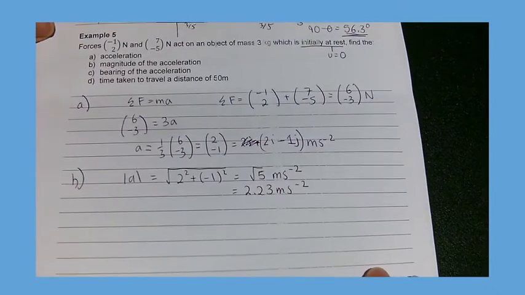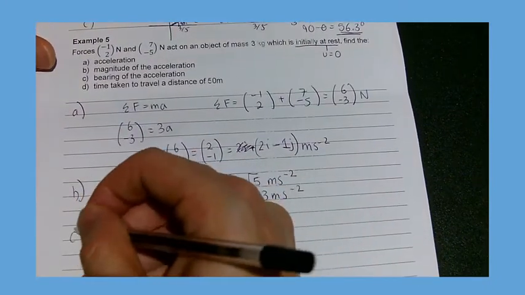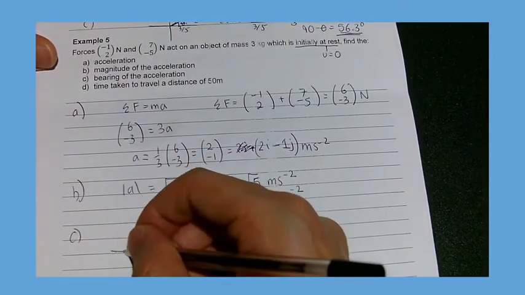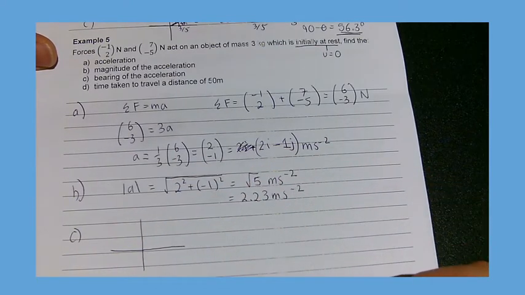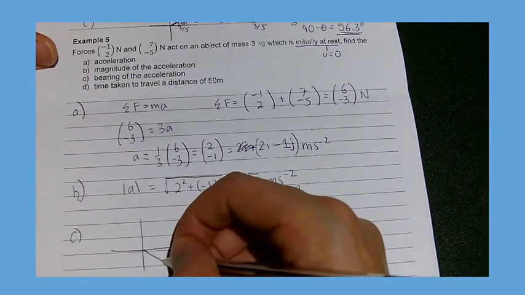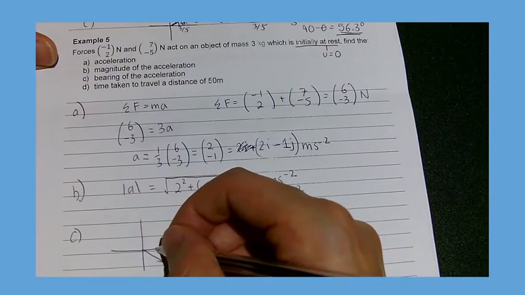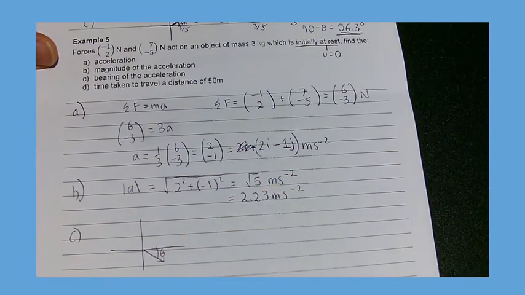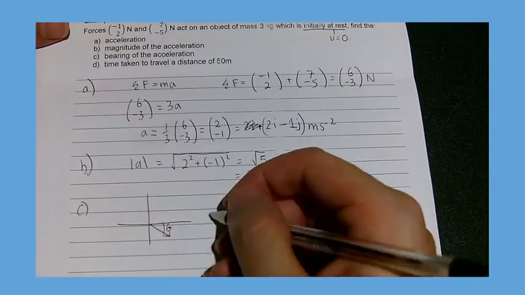Right, part C, bearing of the acceleration. I'm going to draw a little diagram. So 2i minus 1j, it's going to look like that. To get the overall bearing, it will be useful if I can get this theta again.